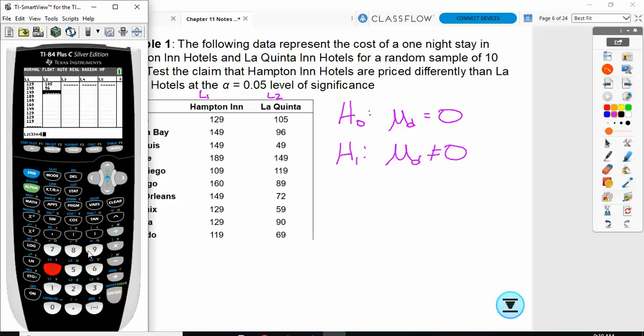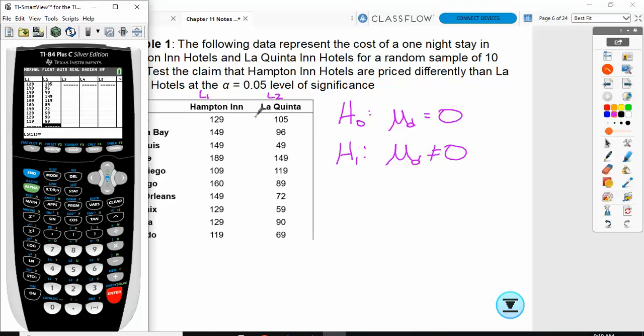Now, when we have matched pairs data, we don't actually want to look at these things individually. We want to focus on the difference between the two. So difference is what operation? Subtraction. So what we have to do is go through and subtract them.